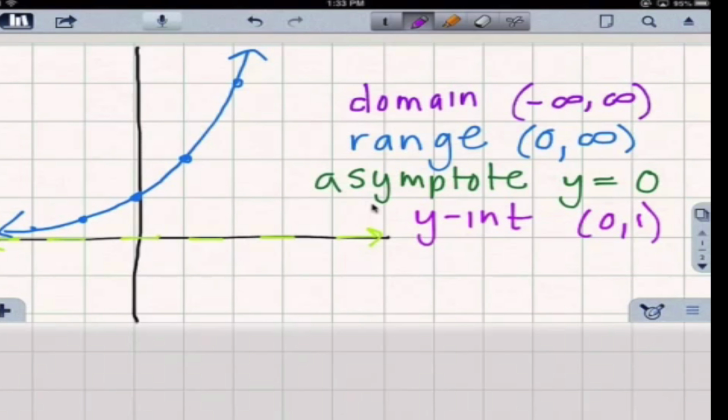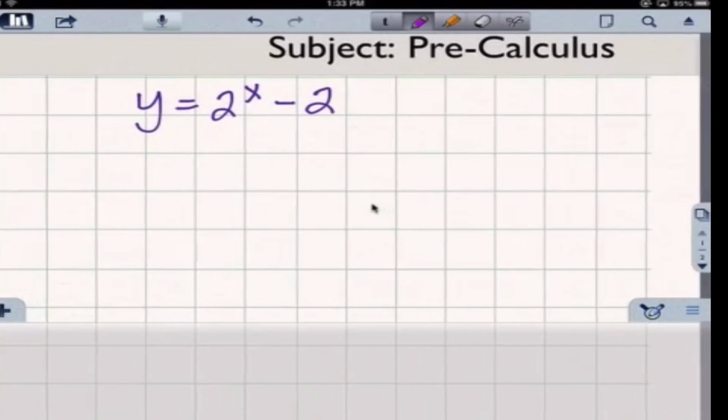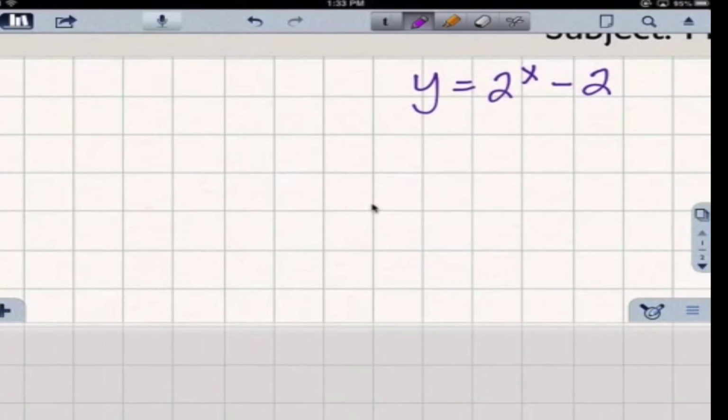Now let's go ahead and look at some of the transformations. So the other ones will be things like y equals 2 to the x minus 2, or y equals 2 to the exponent x plus 1, or y equals -2 to the x. So if you guys practice your review worksheet and look at the quiz we took, there's a lot of examples of what those transformations do, and we've talked about that in previous classes.